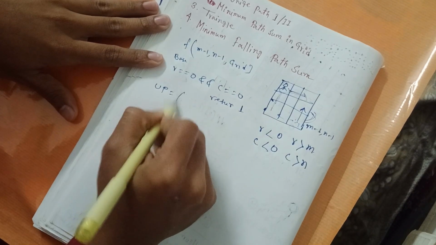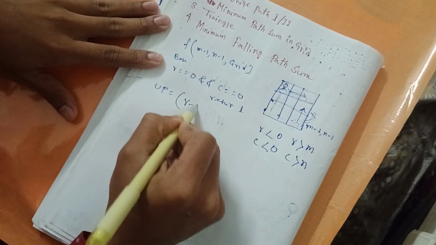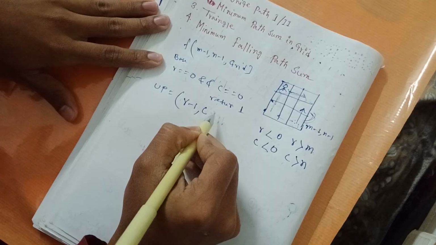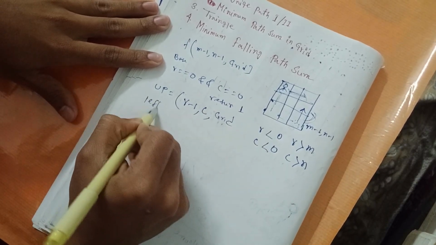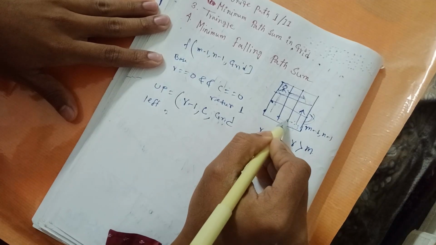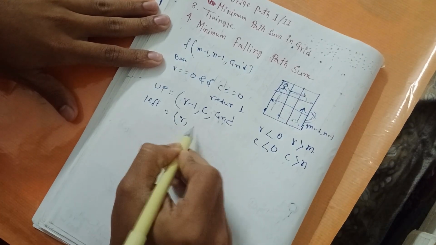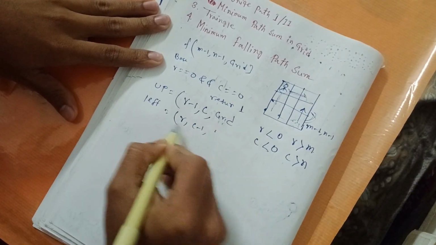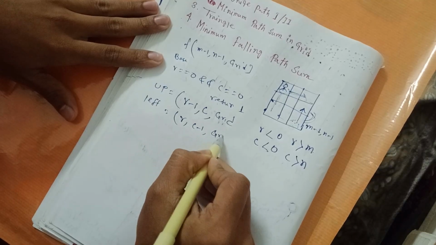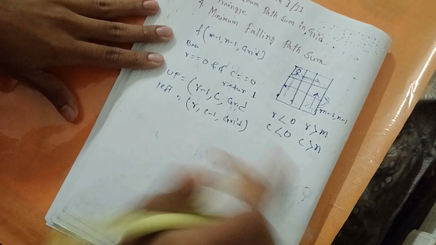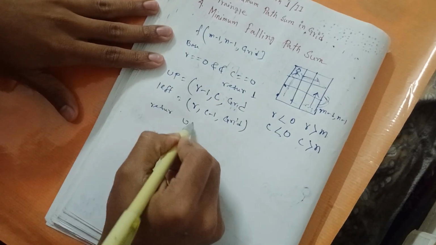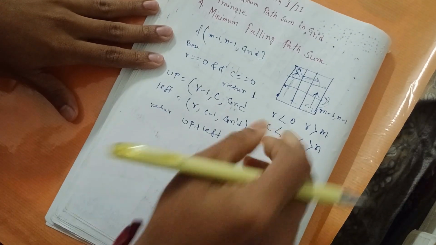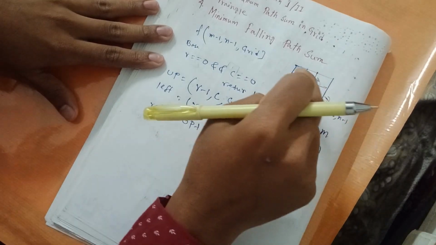So you write row minus 1 and column fixed, and pass the grid. And when you go left, my row is the same but the column decreases, so r comma c minus 1 and grid. And last, you return up plus left, because this is the total number of ways you can reach that top corner.